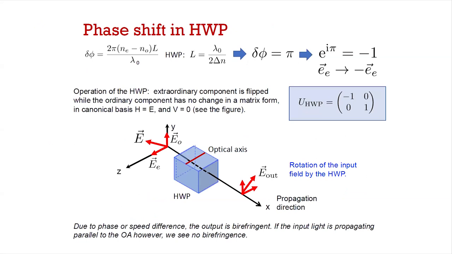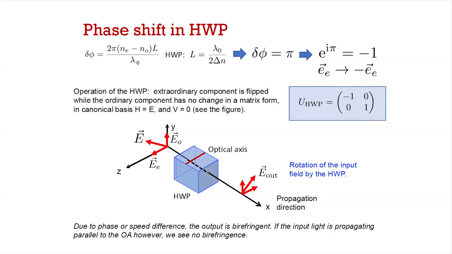If I tune the phase shift to simply half a wavelength, I call this a half wave plate. And for a half wave plate, if you just put the numbers here and choose some length of the calcite or quartz, okay, and make sure that the phase shift is always pi, you can find the effect of this calcite or quartz crystal on the incoming light.